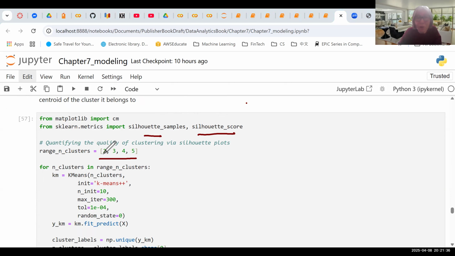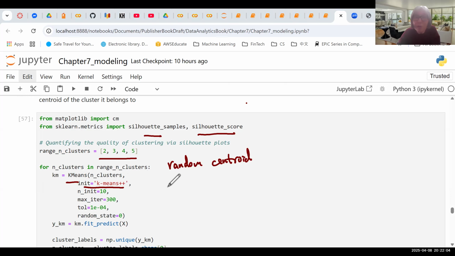We just try 2, 3, 4, 5 clusters using silhouette. And for each of that, we do k-means. But this time, the centroid, if we don't specify, by default, it's random centroid. And here we use k-means plus plus.